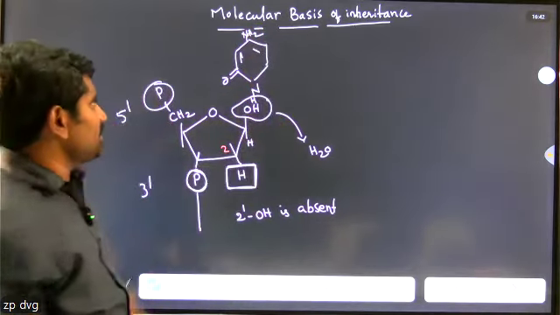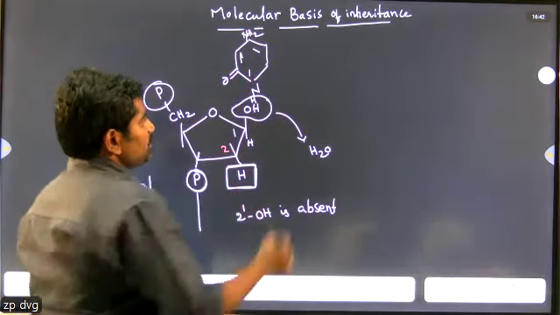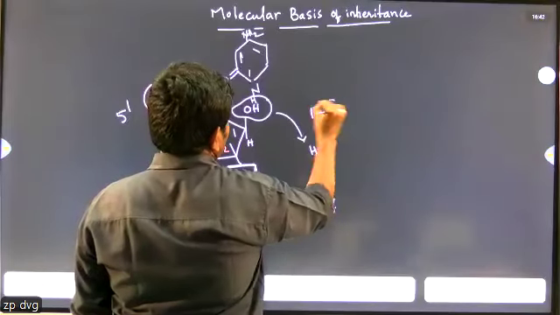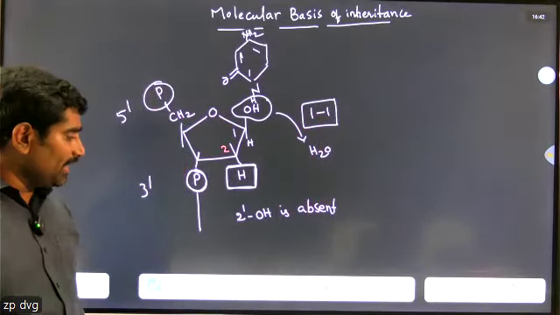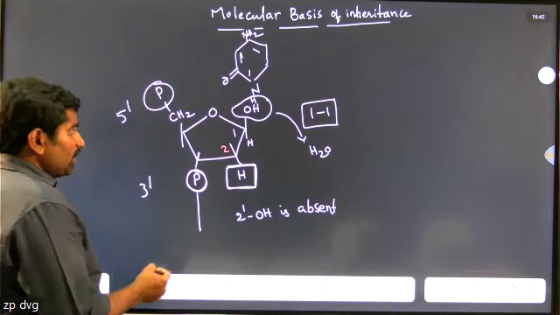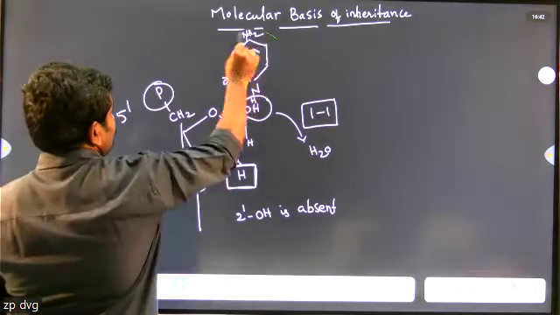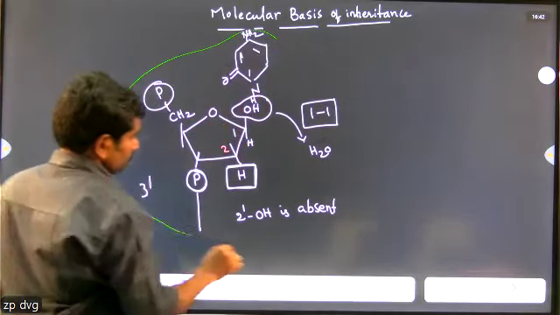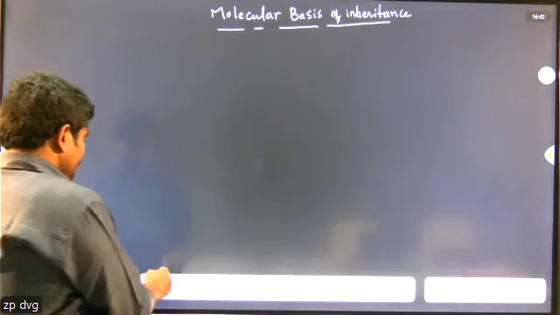Cytosine bonds with the first carbon, so this bonding is called one and one bonding, right? Next, let's see.